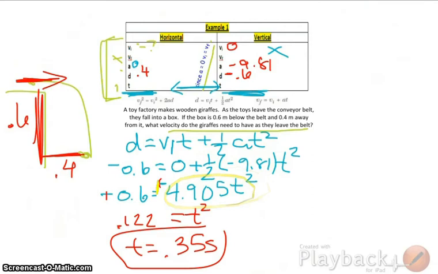Our negatives cancel, and we get T squared equals 0.122 after we divide both sides by 4.905. So just the algebra gives us this, and we end up with T equals 0.35. So if we know our T vertical is 0.35, then we know our T horizontal.